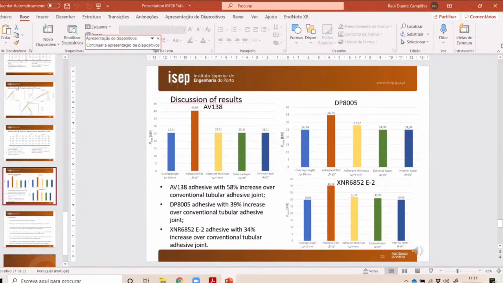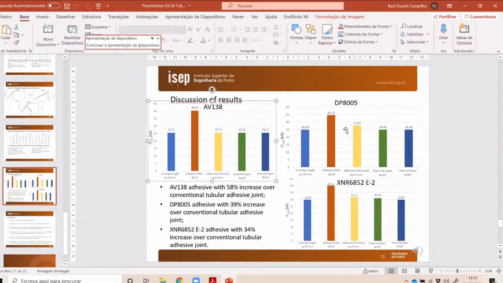For example, if we see the first figure, by considering an adhesive fillet with 15 degrees of angle, we managed a 58% increase in the tubular joint strength under impact compared to the joint without modifications, which is the blue column.